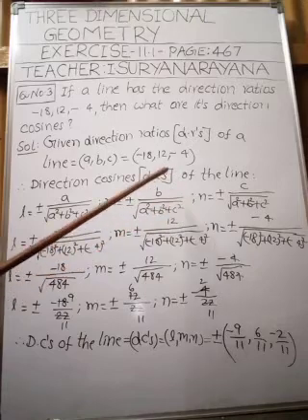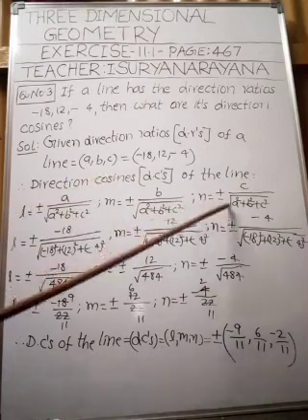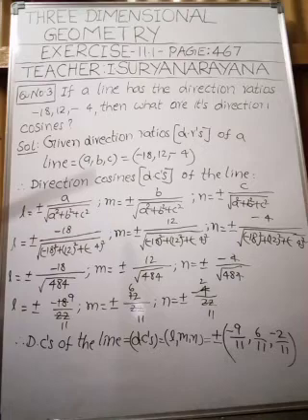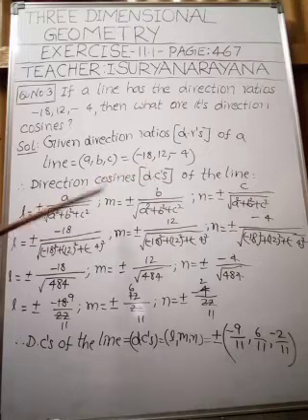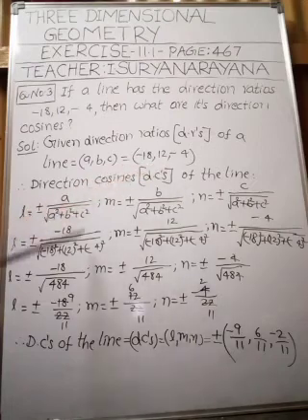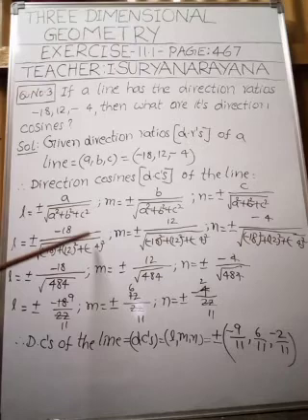When the direction ratios of a line are given, to find the direction cosines of the line, we use these three formulae. Okay, my dear children? Right. l is equal to plus or minus, what is the value of a here? Minus 18 by square root of minus 18 whole square plus 12 whole square plus minus 4 whole square. Understood this step?